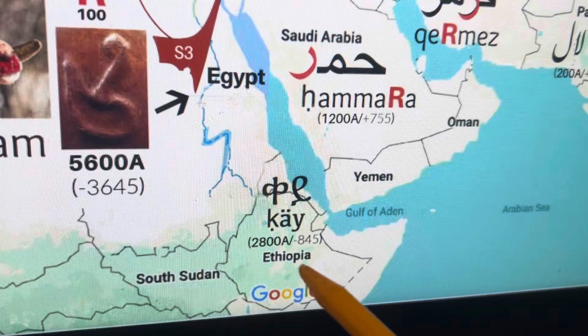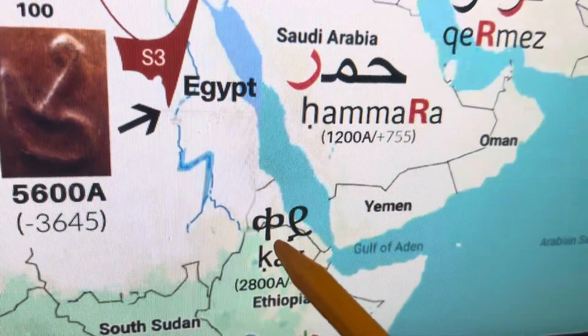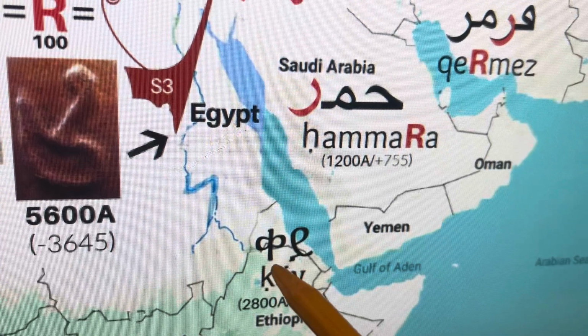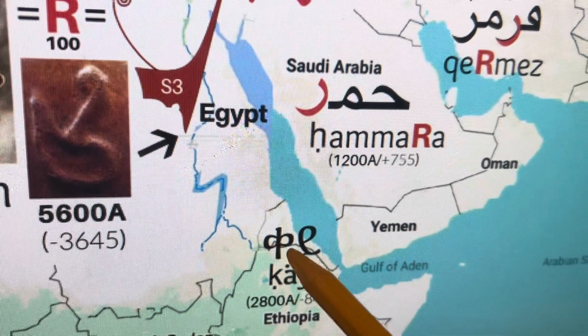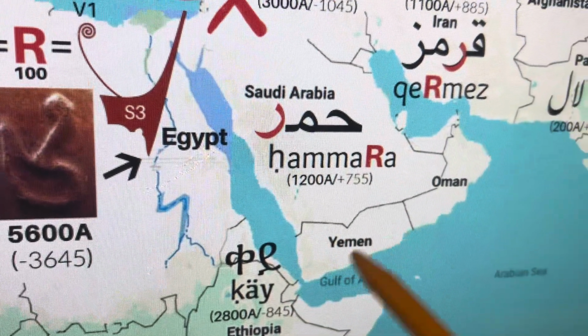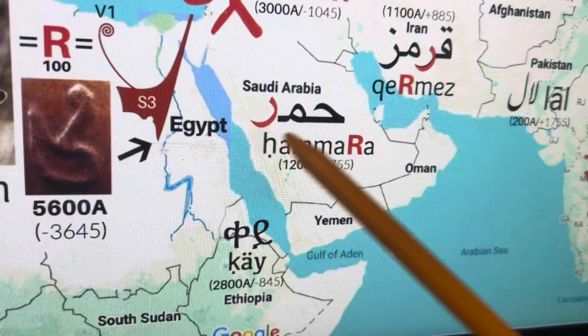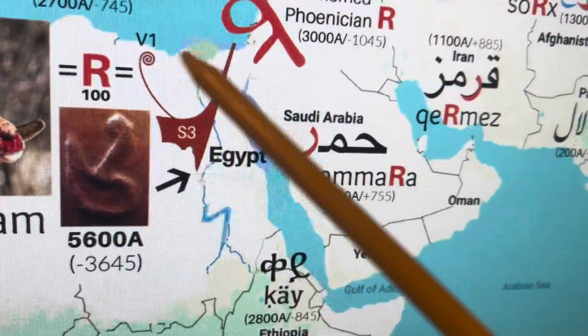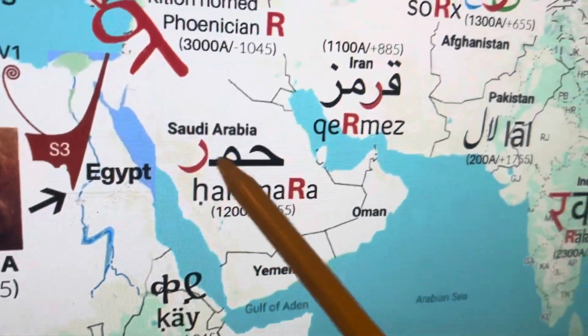In Ethiopia, we see the word is K, but these are still Egyptian-based characters. This is sort of like the Phi. This came from South Arabia here, but a lot of this still hasn't been worked out, but it comes from the hieroglyphs, which became lunar script, which became this word, Saudi Arabia.